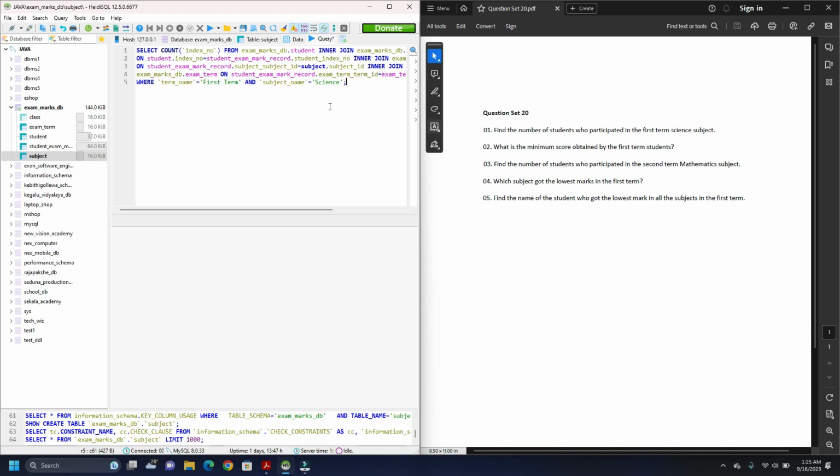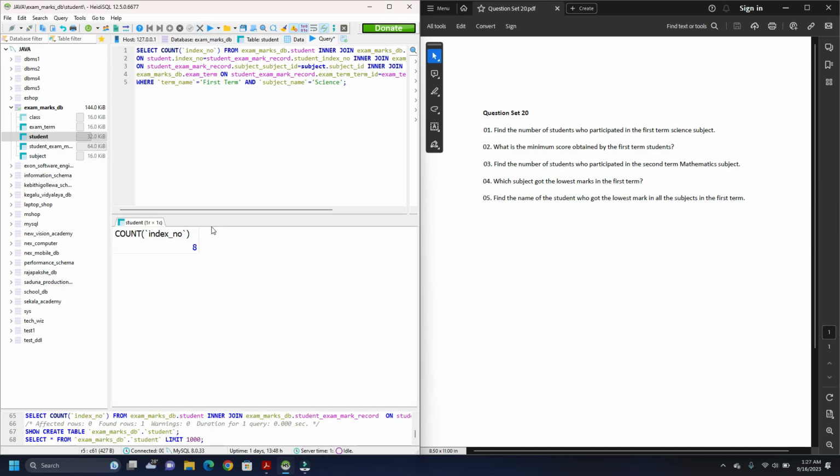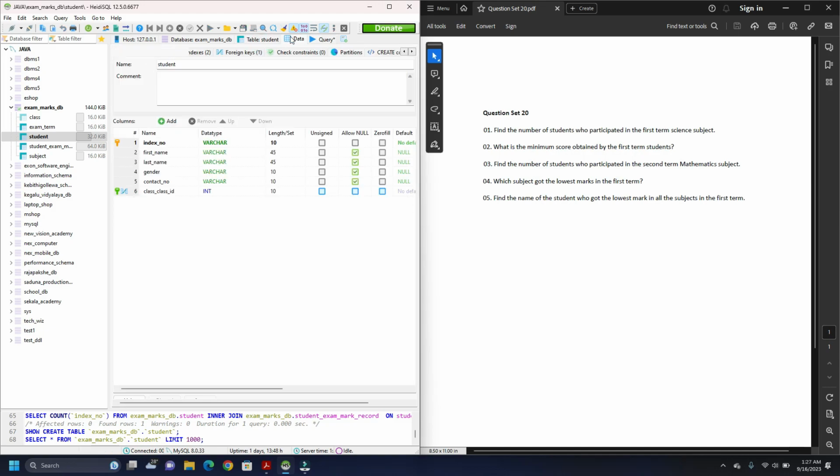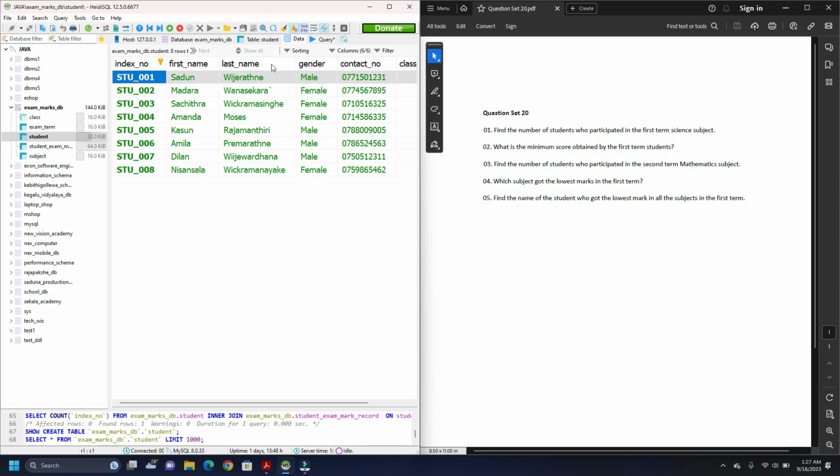We have written the query for the first question. Let's go ahead and execute it. So there you go. The output came as 8, meaning all of the students in the student table have joined the exam for science subject in the first term.